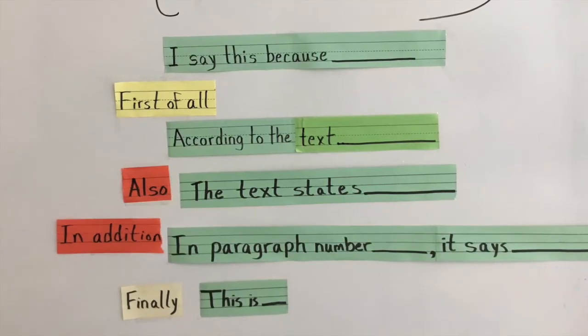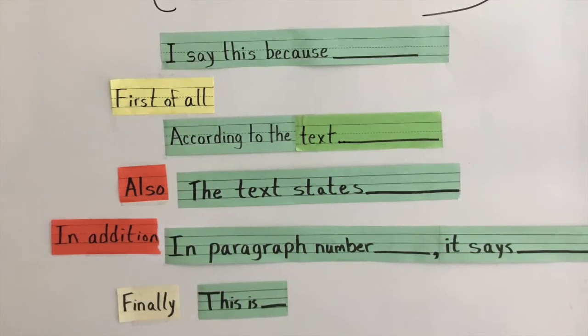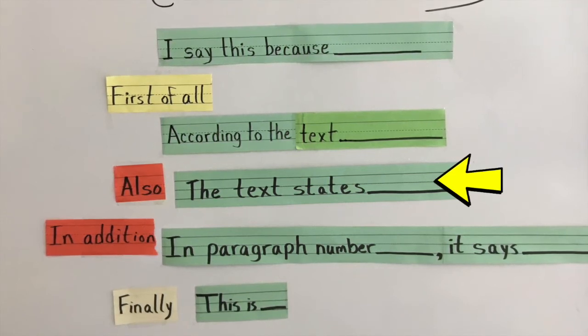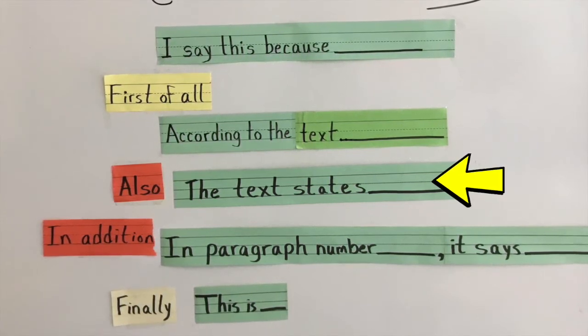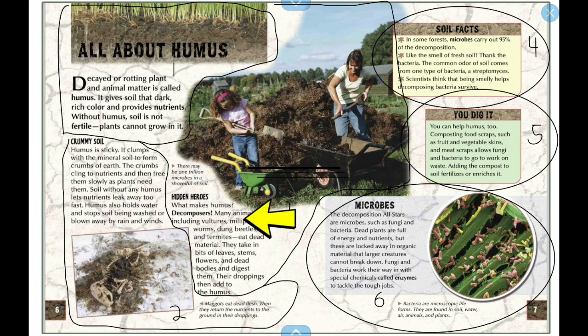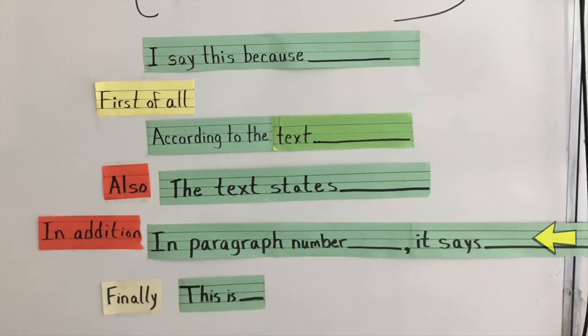Okay, let's look for another detail. Look at the sentence frame. Also, the text states. Now we find another detail. It says decomposers like dung beetles, vultures, and millipedes eat dead organic matter. Look at the sentence stem.